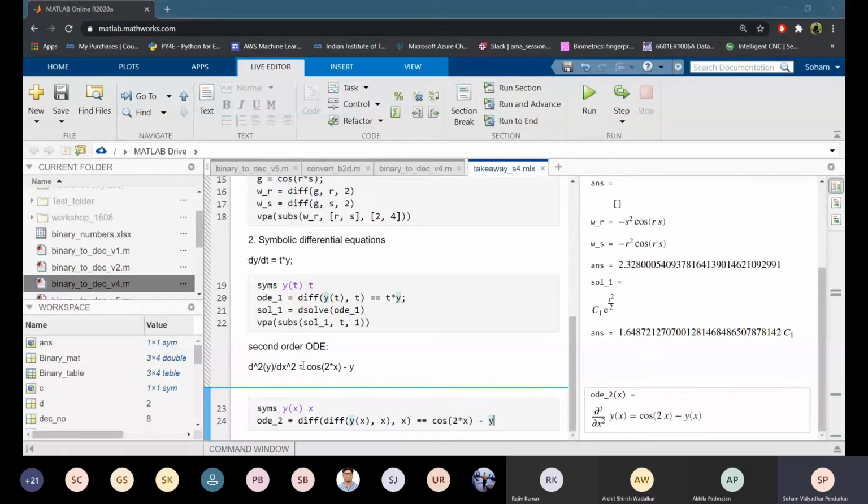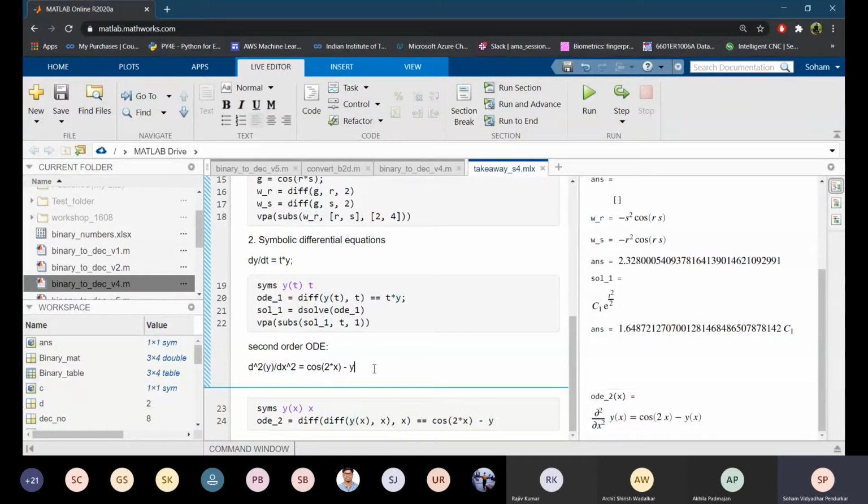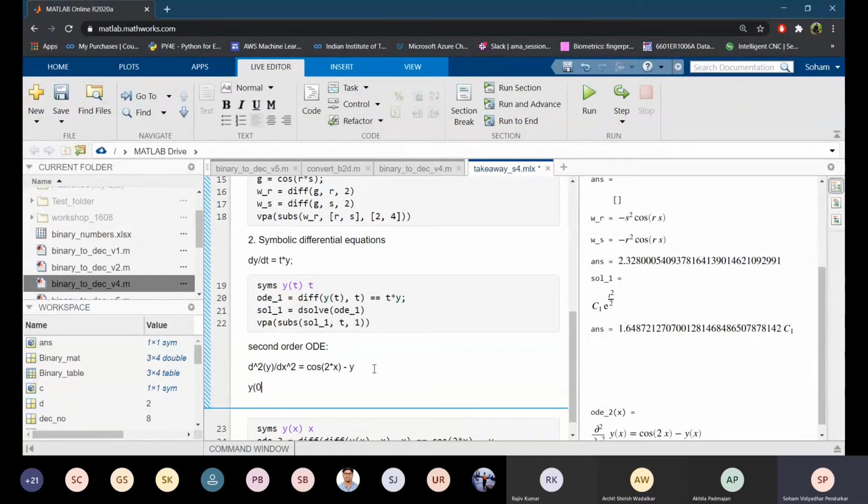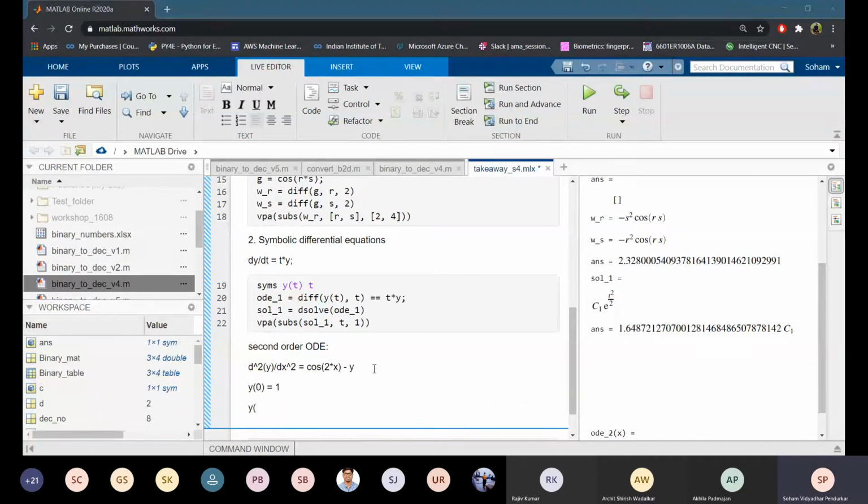Now the pending condition is that we have to specify the initial conditions, right? So initial condition is, let's say, y of 0 is equal to 1, and y dash of 0 is equal to 0, let's say.